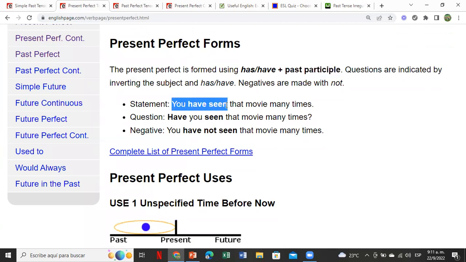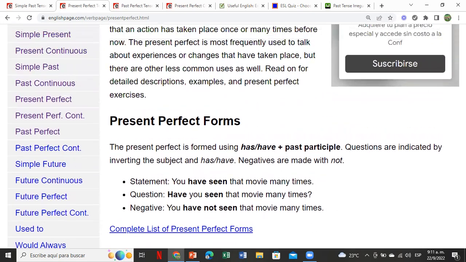Examples. You have seen. Have you seen? You have not seen. Okay, so the past participle verb is seen. Statement number 1. You have seen that movie many times. Look at the complement. Many times. Trate de seguirme, no se duerma.